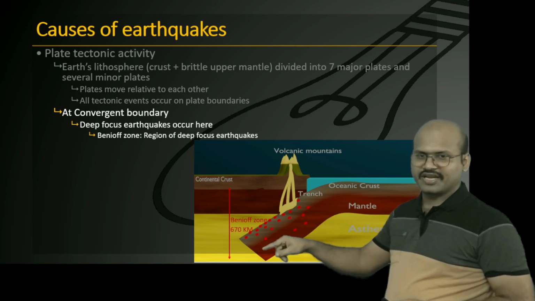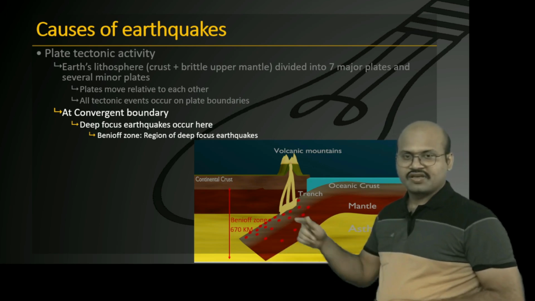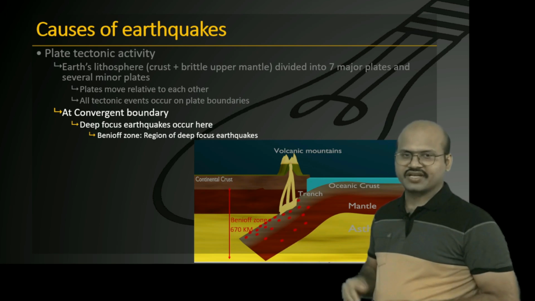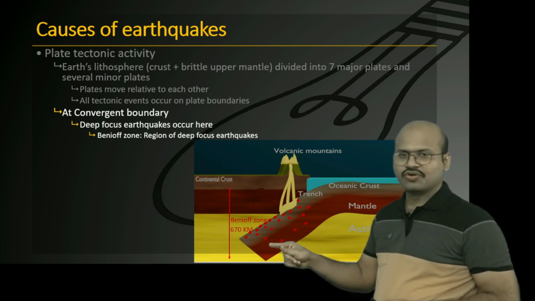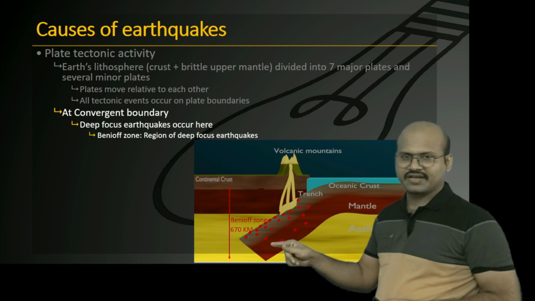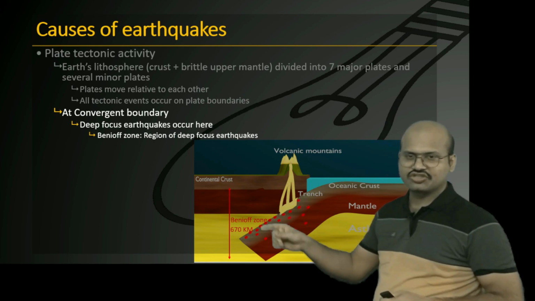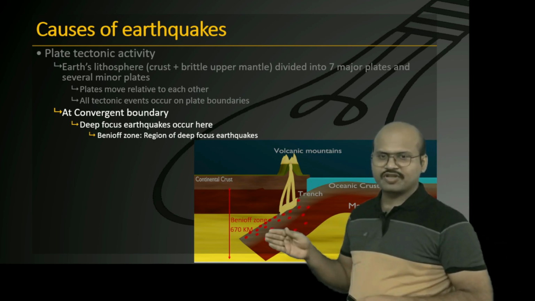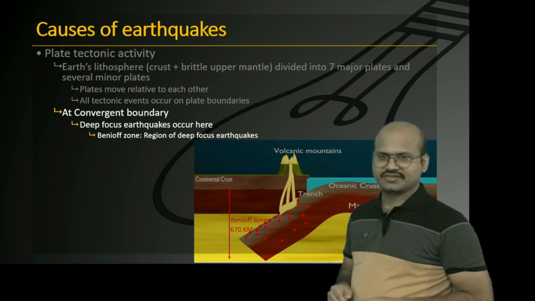This subducting plate extends very deep in the asthenosphere. This provides deep-seated earthquakes. Here we can see that earthquakes can occur due to certain activities within the plate, and this could create very deep-seated earthquakes. This region is called Benioff zone, and the depth of these earthquakes could extend till 670 kilometers.